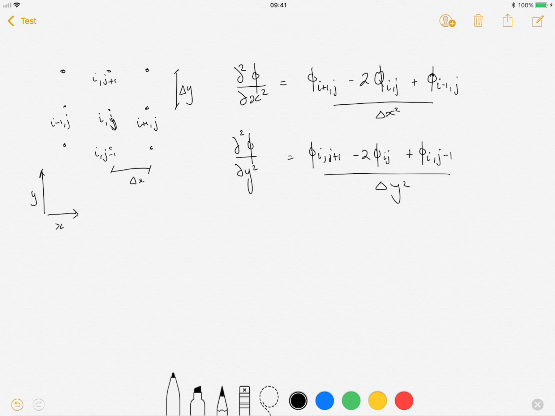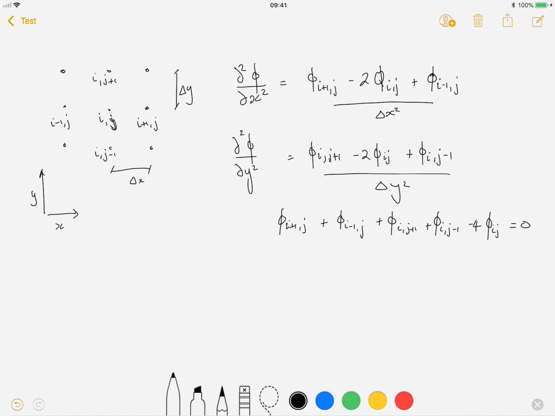Alright, so if delta y equals delta x, then we have the following. That is phi i plus 1, j plus phi i minus 1, j plus phi i, j plus 1 plus phi i, j minus 1 minus 4 times phi i, j equals 0.